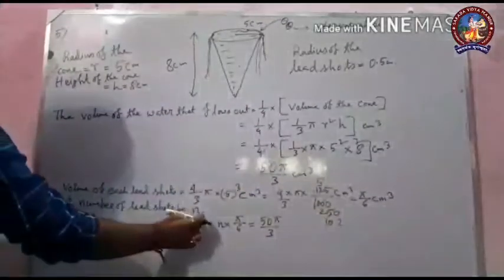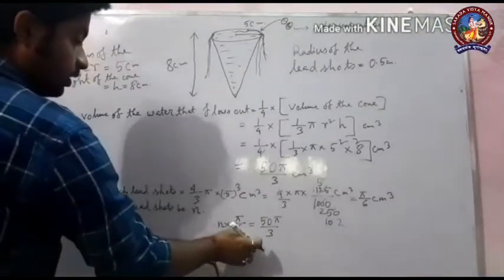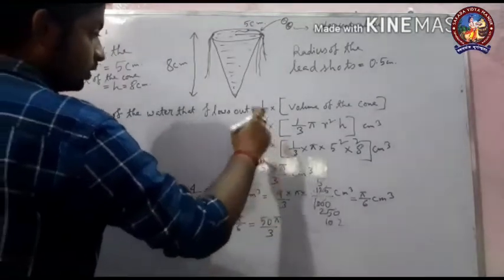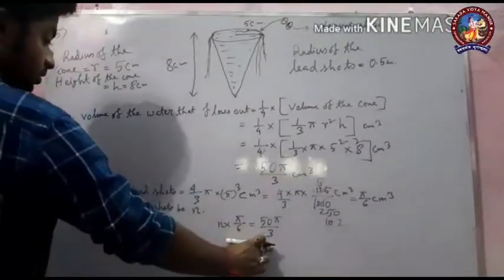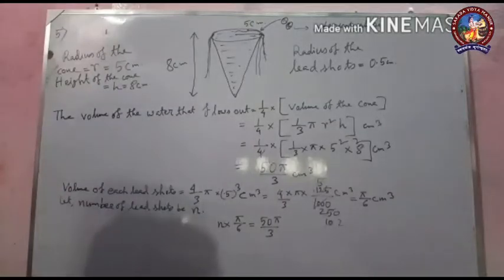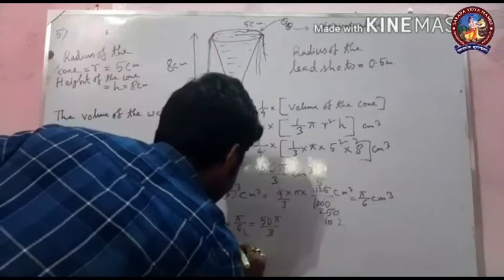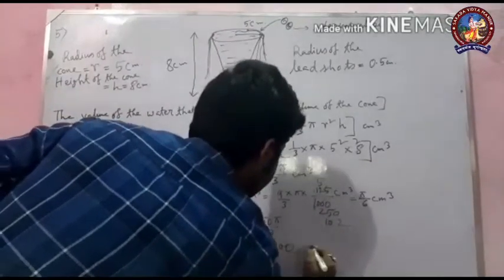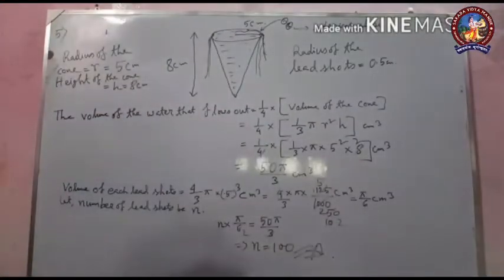If n lead shots are there, the volume of n lead shots will be n into pi by 6, and that much volume will be exactly equal to the volume of the water that flows out, that is 50 pi by 3. So I have written both of them equal. From here we can have n equals 100. This is the number of lead shots.